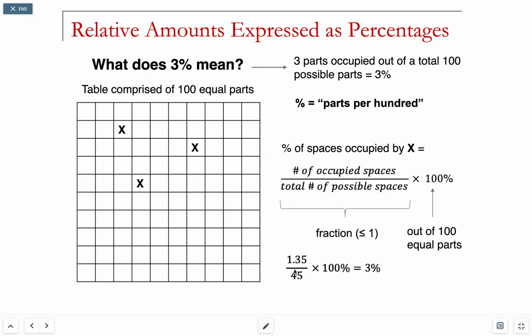When you take this fraction, 1.35, and divide by 45, then multiply by 100 to convert it to parts per 100, you get 3%. So there are really many different ways of representing a fraction of something and converting it to a percentage as 3%.